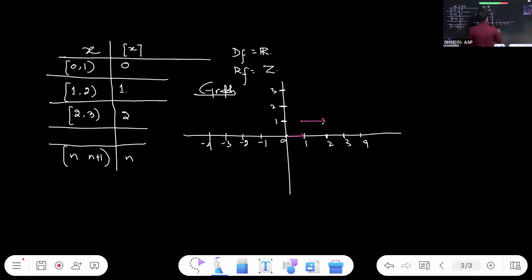When x lies in the interval 2 to 3, bracket x is 2. When x lies in the interval 3 to 4, bracket x is equal to 3. When x lies in the interval minus 1 to 0, bracket x is minus 1. This is the graph of the function y is equal to f of x is equal to bracket x.